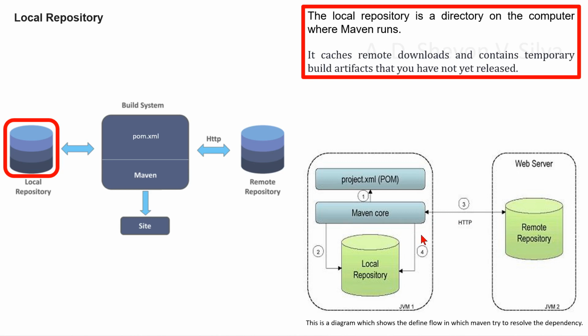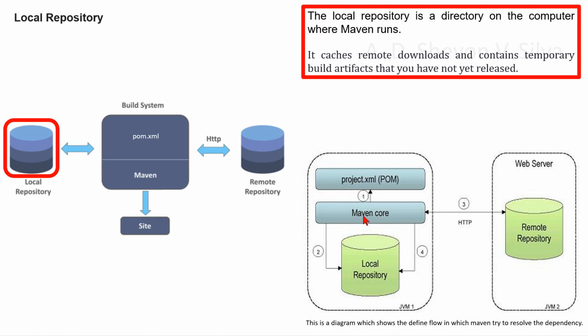Then put the downloaded artifact in the local repository, and thereafter generate files. For example, create a jar file here.